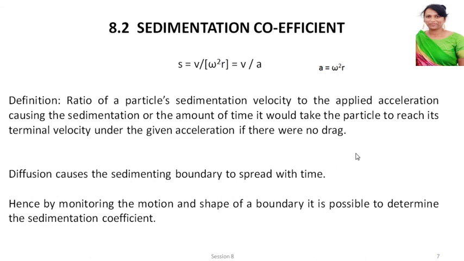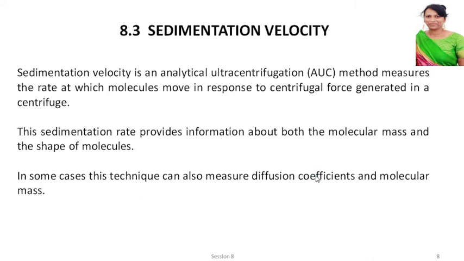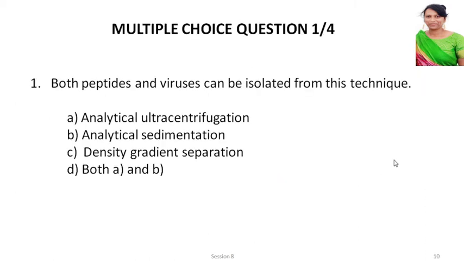Sedimentation coefficient is the ratio of particle sedimentation velocity to applied acceleration causing the sedimentation, and sedimentation velocity is an analytical centrifugation method. It measures the rate at which molecules move in response to centrifugal force generated in a centrifuge.